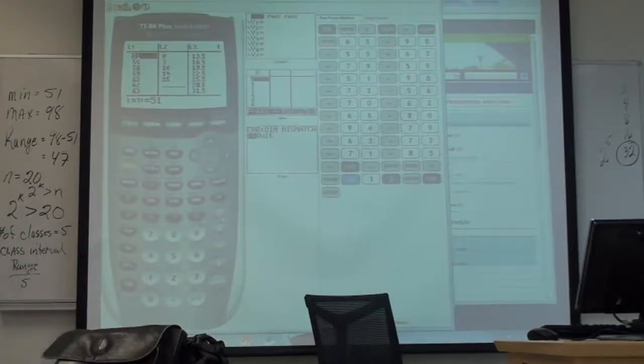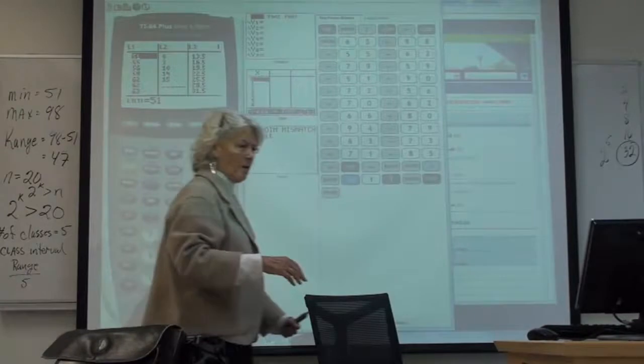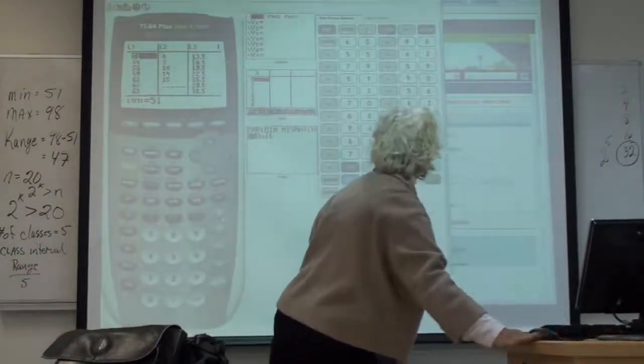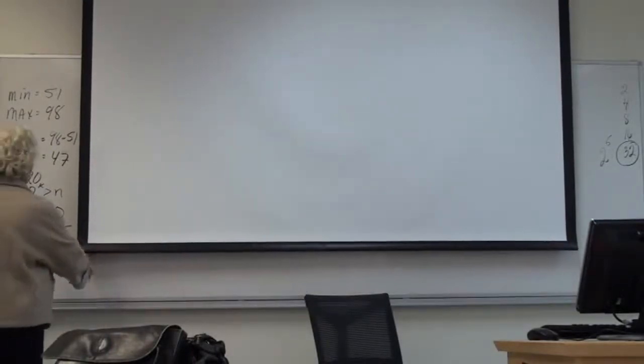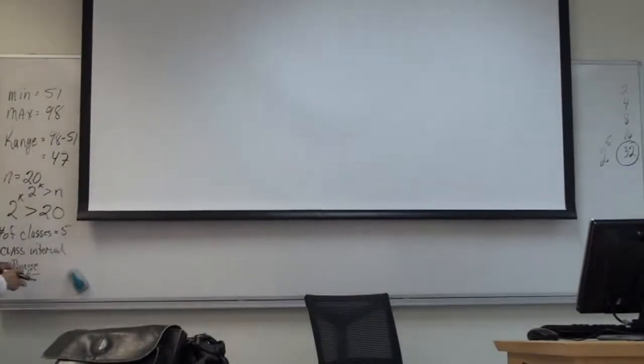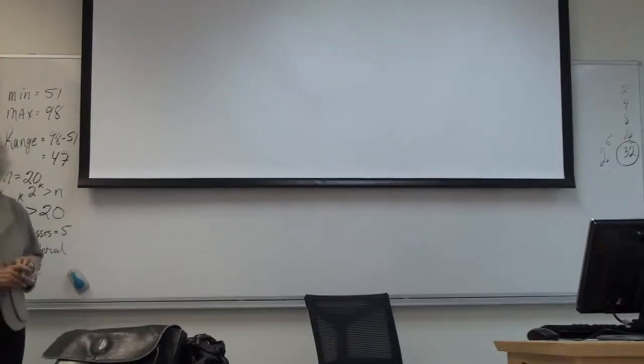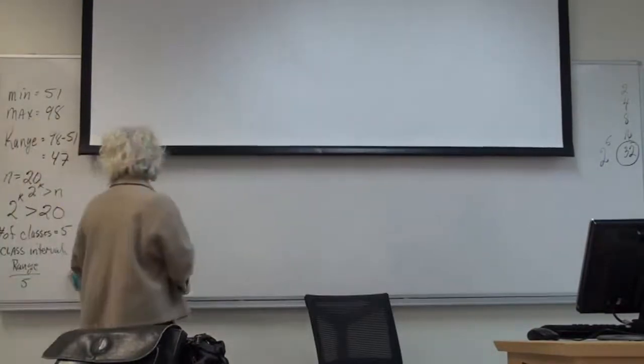So in our case, we're dividing 47 by 5. What do you think is a good guess here? I can't write on this edge anymore. Why don't I get the calculator over here? We can put the calculator there, and then that would be perfect.